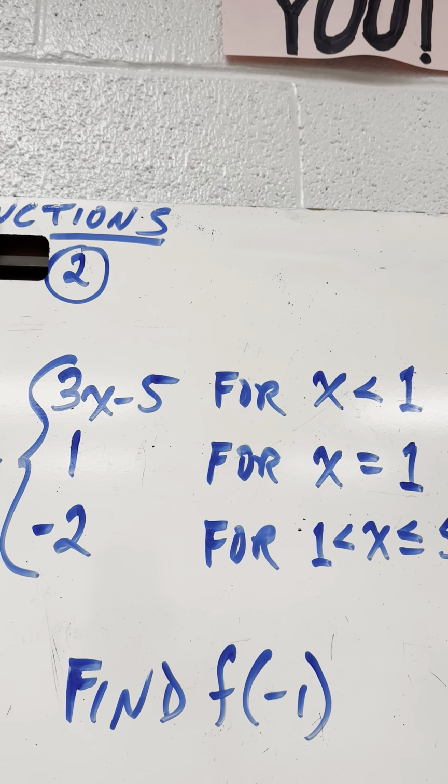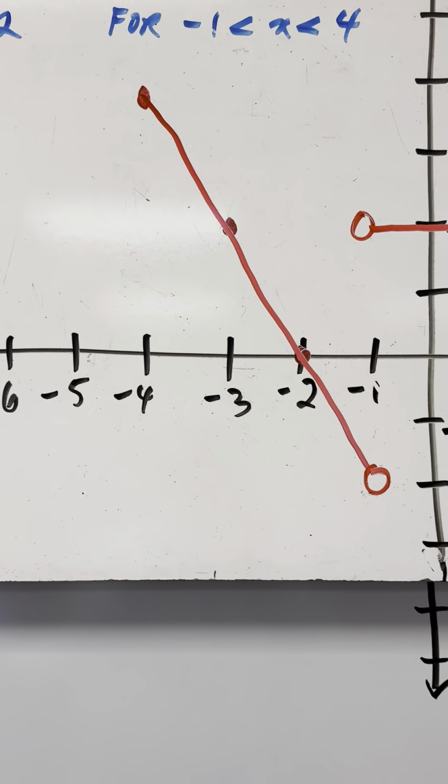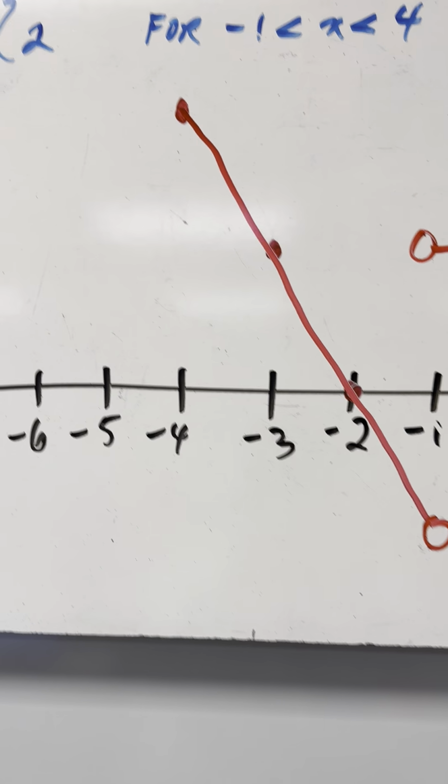Graph. F of x equals negative 2x minus 4 for negative 4 is less than or equal to x is less than negative 1; 2 for negative 1 is less than x is less than 4. So here's between negative 4 and negative 1. So negative 2x minus 4, right?